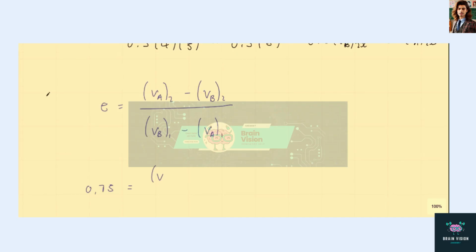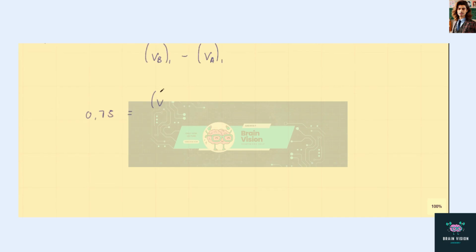So again, we'll use horizontal components, and we'll take the right direction as positive. So the horizontal components VA2x minus VB2x over 4 times cos theta, which again is 3 over 5, minus 6.